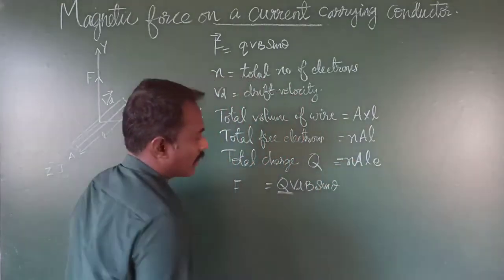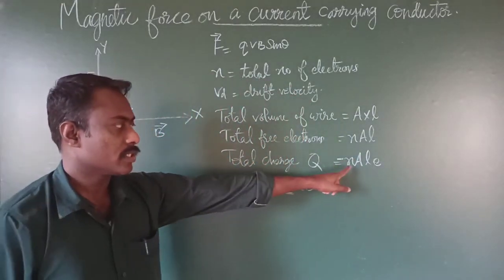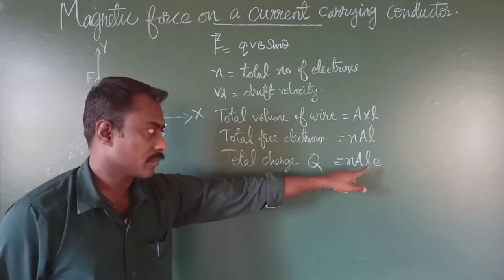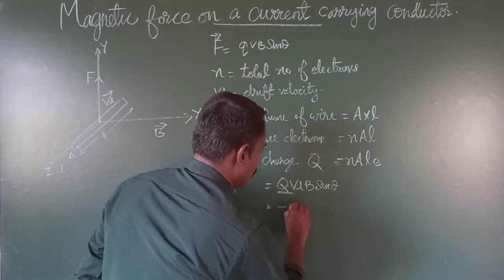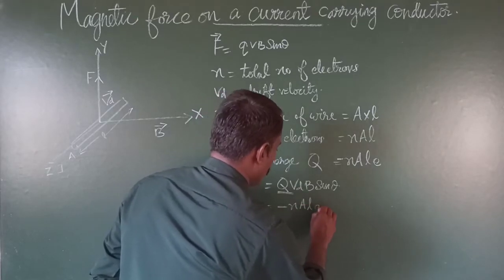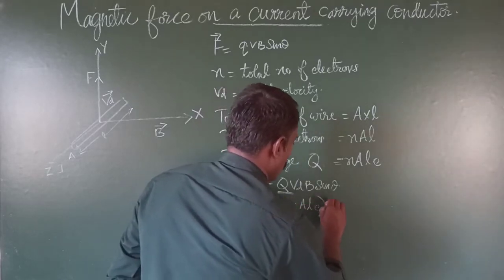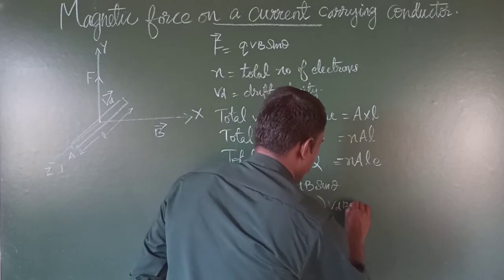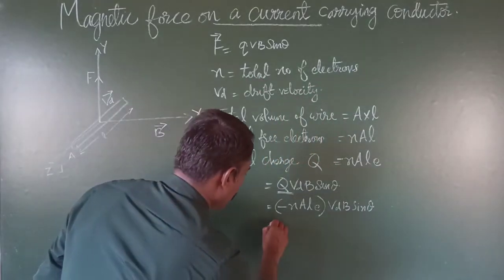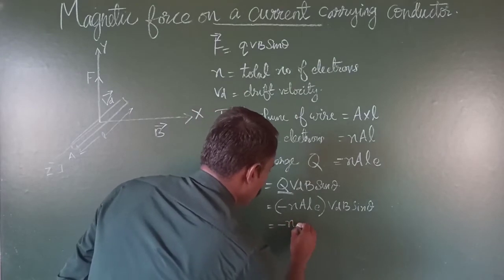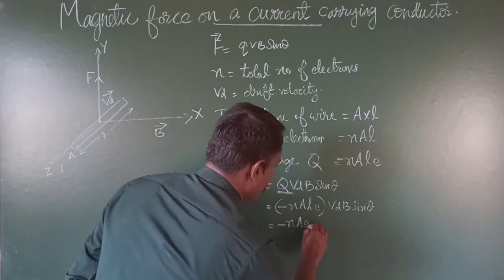That negative sign indicates that the electron has negative charge. So F is equal to minus n A L e Vd B sin theta.